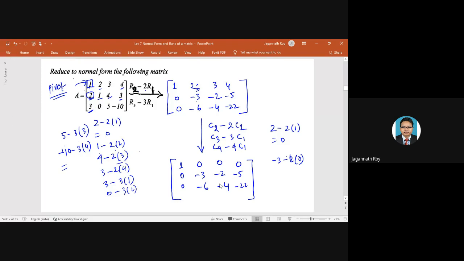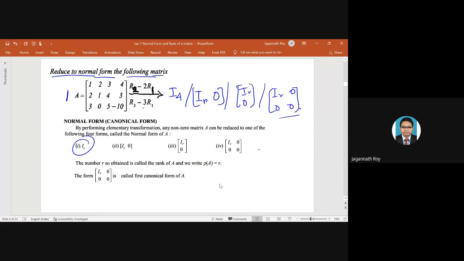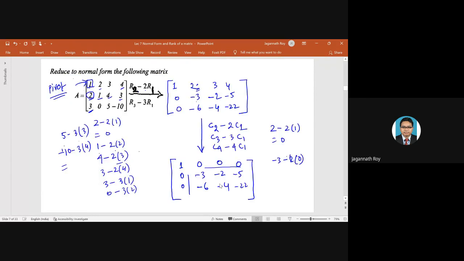Now that we have 0 here, we have also 0 here. Because our target is to get the matrix in any one of the 4 forms. So we want 0s and 1s. We have the first row and first column with 0 and 1. Next, our target is to make this one 1.